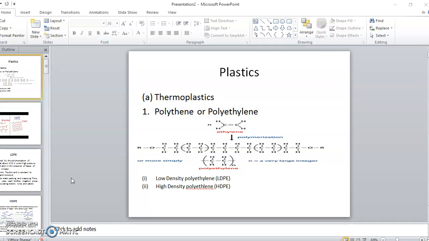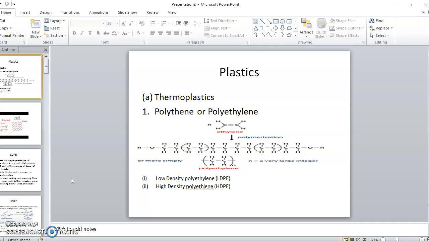Upon melting, they become soft, and after softening, they can be remolded and reused. While thermosetting plastics, the second class, have bakelite as a very good example. It cannot be remolded. Once it is molded, it becomes a hard mass.